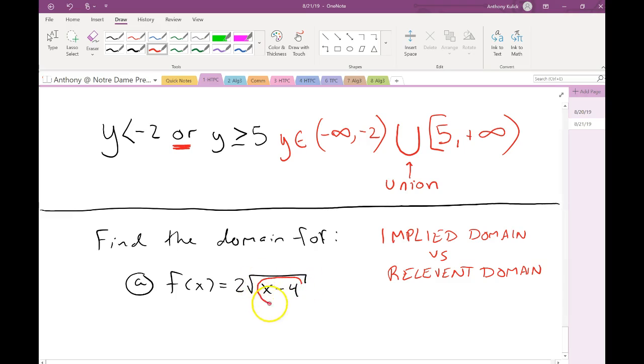So to find my relevant domain, I need to make sure the part underneath the radical is greater than or equal to 0. As long as it's not negative, I can evaluate this function. This function evaluates and has a real numbered result.